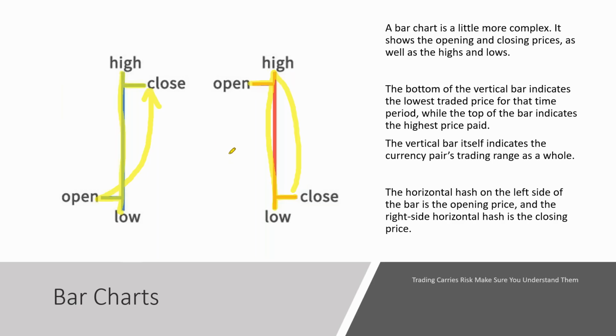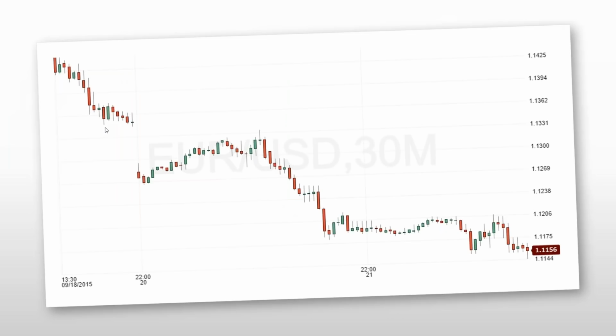This gives us a bearish session. So now we can start using these bars to start really interpreting some price action, trying to understand who's in control of the markets. Lastly, we come to a candlestick chart.